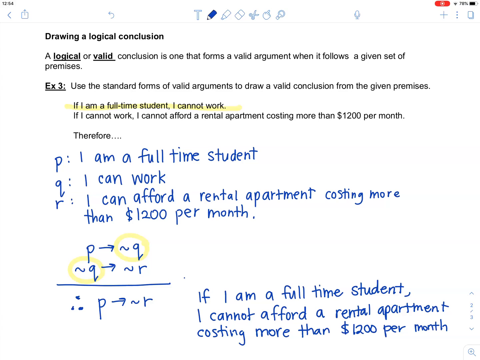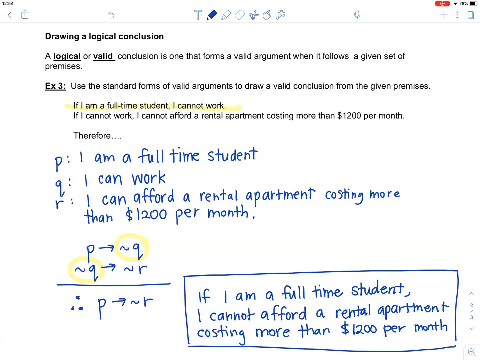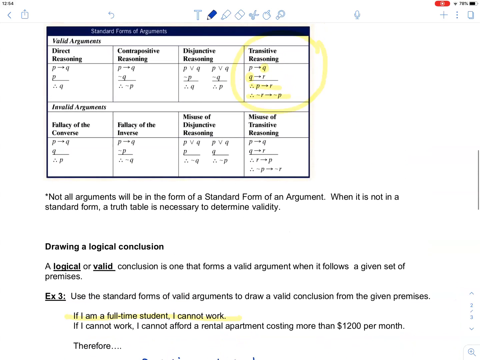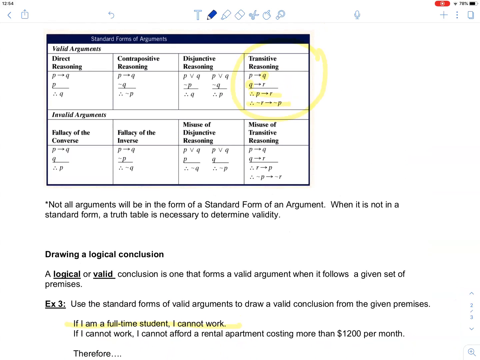Notice the conclusion that we come to is still a conditional statement. So depending on the types of premises you are given, you want to be looking at the valid arguments and making a valid conclusion from those premises.